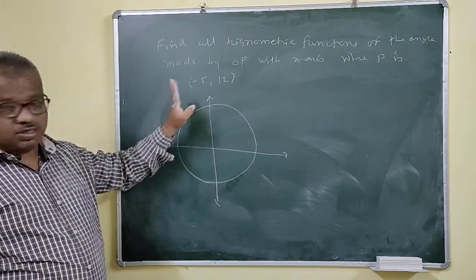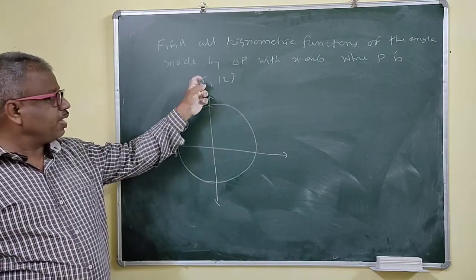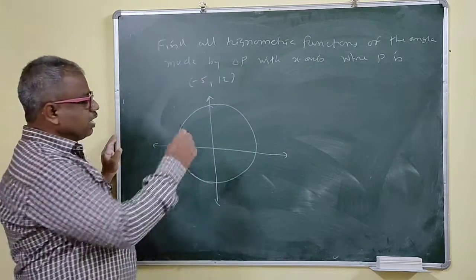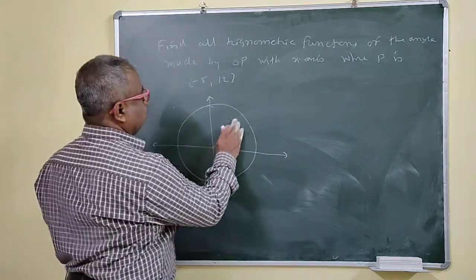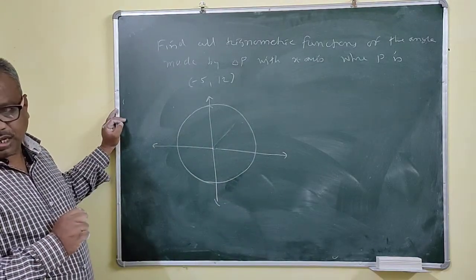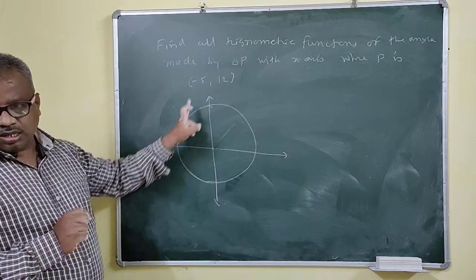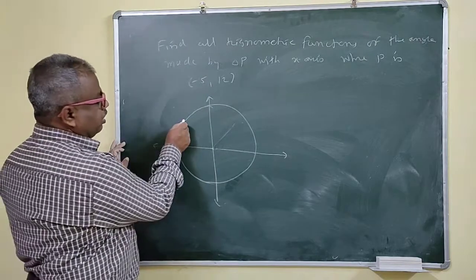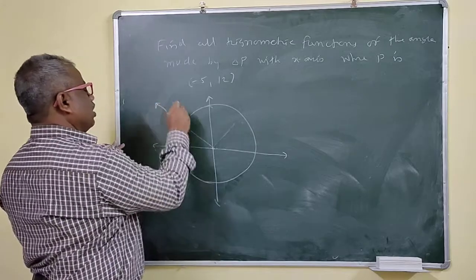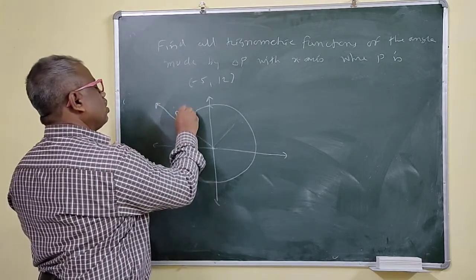That means this is not a standard unit circle. If the values lie between -1 and 1, that will be okay; that we will do later on. Now your x is negative. X is negative means where are you? Suppose you are here now. This is your P. This is the terminal arm, okay?